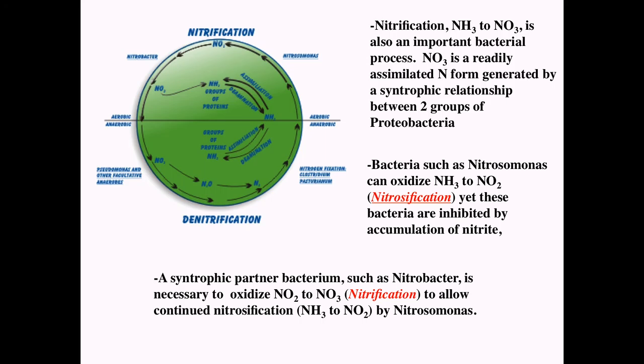So it has to live in association with bacteria that will take the nitrite and oxidize it to nitrate, finishing the process of nitrification. That's done by groups of bacteria that always have the prefix nitro in front of them. Nitrobacter is a genus of bacteria that will take nitrite, NO2, and oxidize it to NO3. These two groups of bacteria cannot live without one another. So that completes this top half of the nitrogen cycle, nitrification.